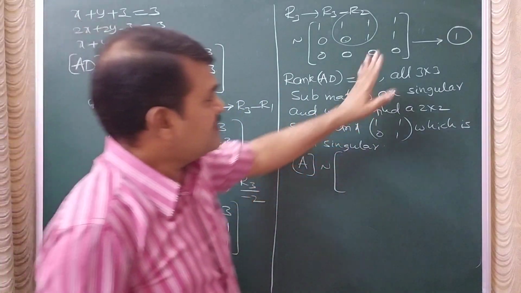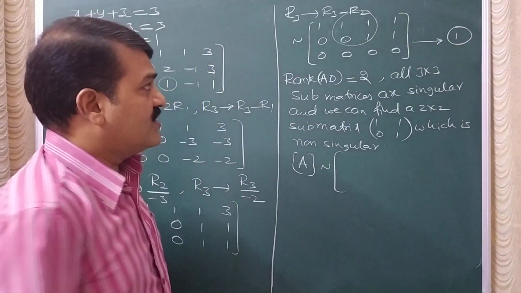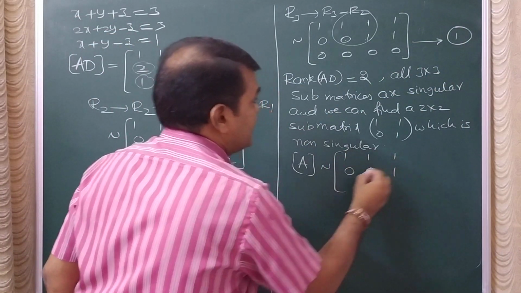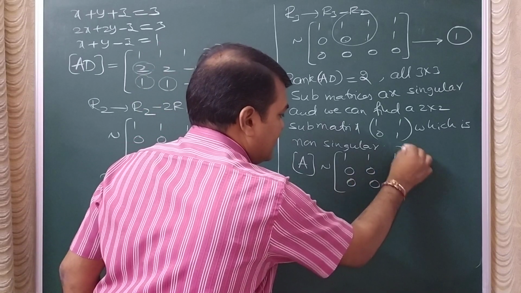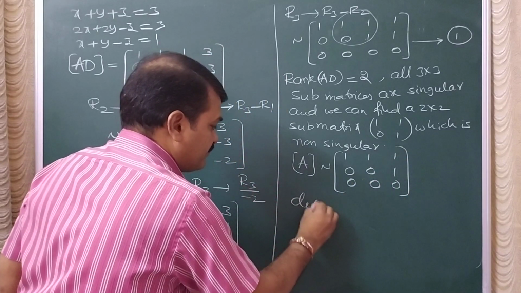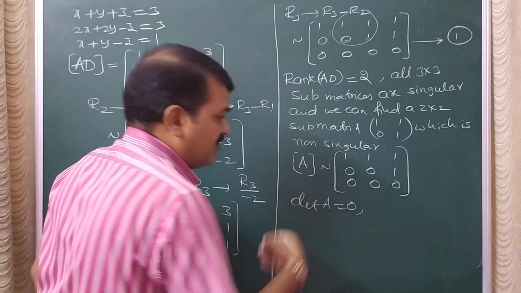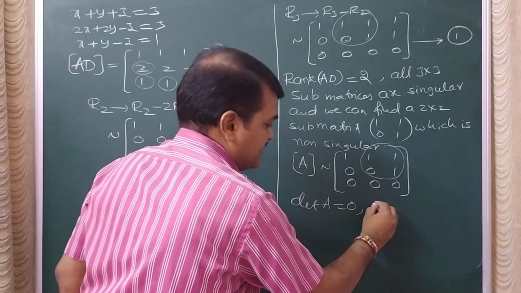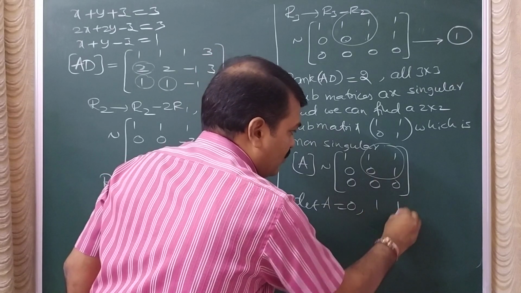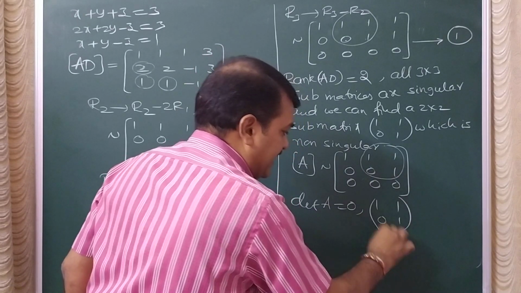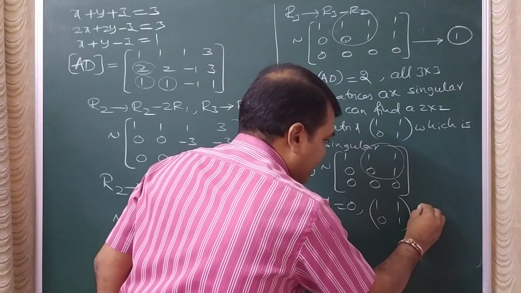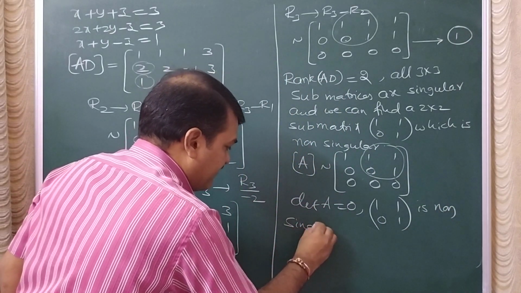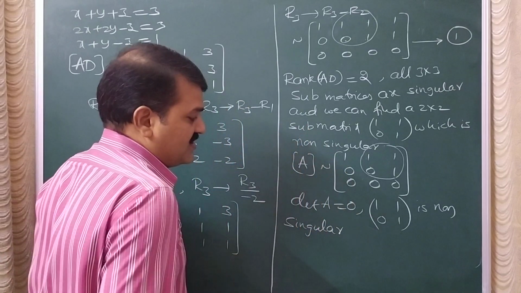Now from equation 1 I will take the coefficient matrix. Coefficient matrix means simply neglect the last column. So neglecting the last column, I will take this. Clearly det A is 0, so rank cannot be 3. And you can find a 2 by 2 matrix, 1 1 0 1, which is non-singular.